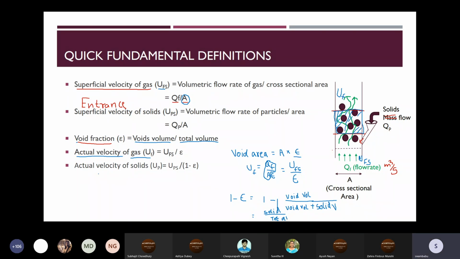Since we talk about the actual velocity of the solids, it will be UPS by 1 minus epsilon, the superficial velocity of the particles by 1 minus epsilon.